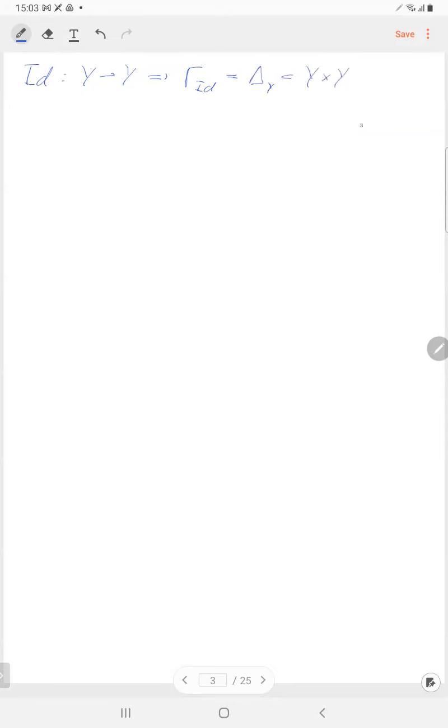And that's pretty clear, I hope. And then you have a general morphism pi as before. Then gamma pi is just the preimage of this diagonal.